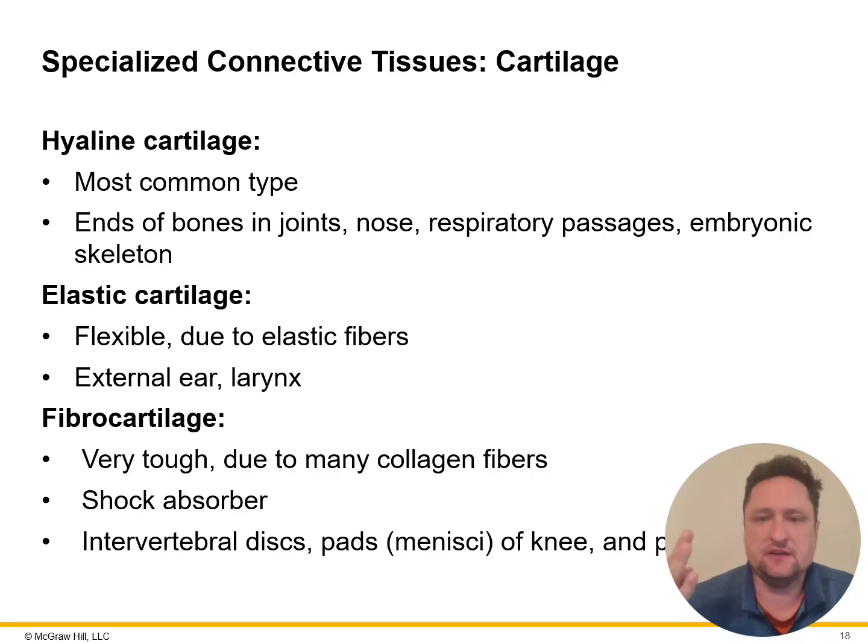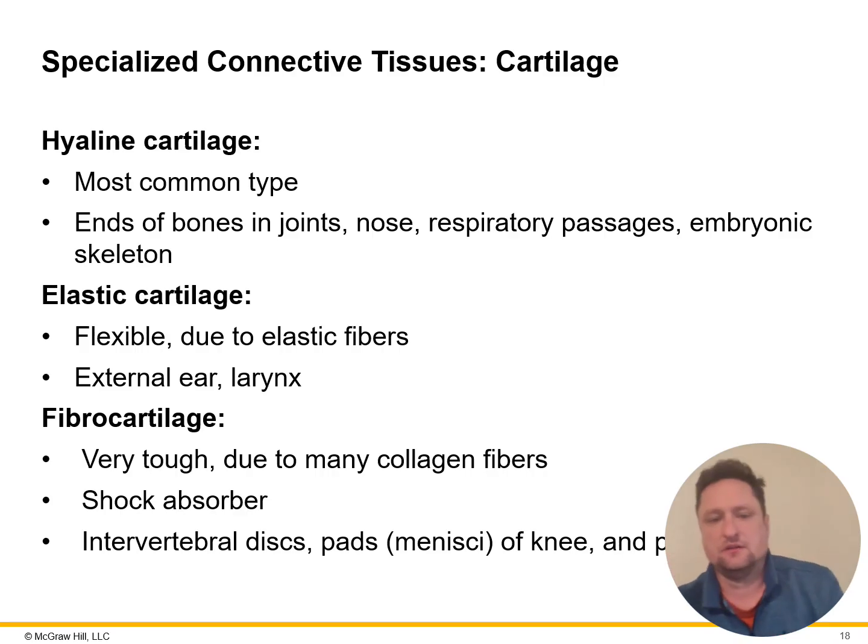There are three major types: hyaline cartilage, the most common, found at the ends of the bones and joints, in the nose, and respiratory passages. Then we have elastic cartilage, which contains elastic fibers for flexibility and is found in the ear and the epiglottis.